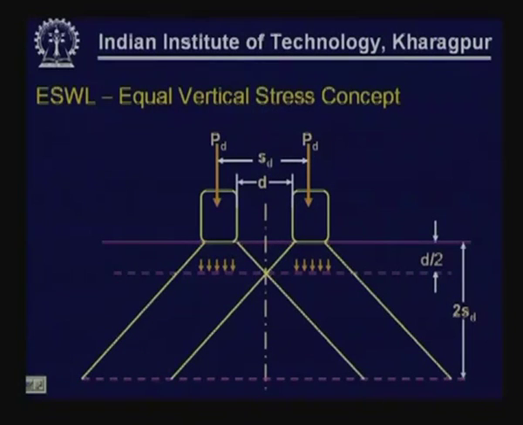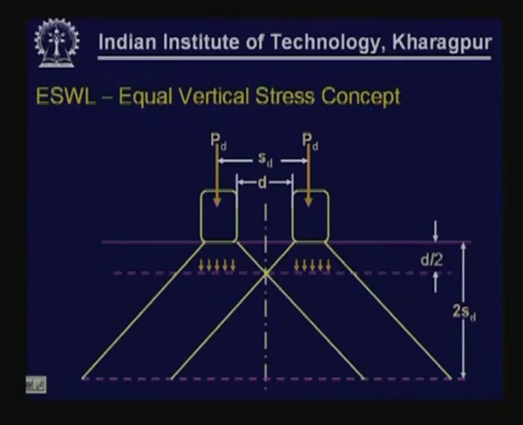The first concept that we will use to determine equivalent single wheel load is the equal vertical stress concept. Here we are referring to equal vertical stress that is produced by what we are seeing now, a dual wheel set. We have two wheel loads applied on a pavement system.